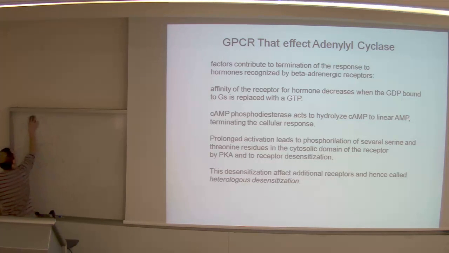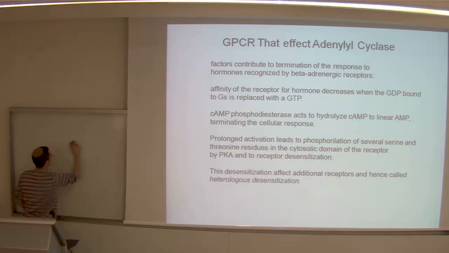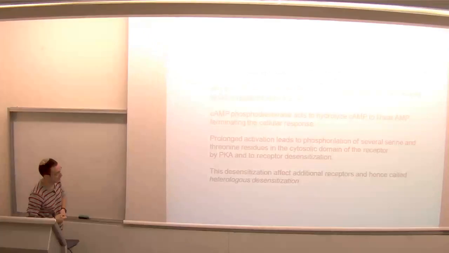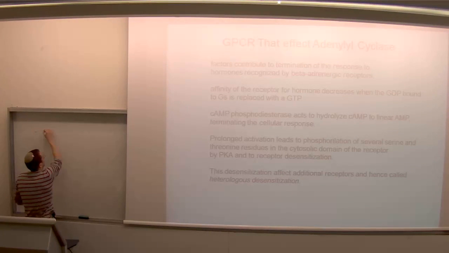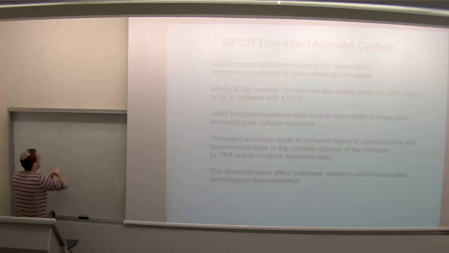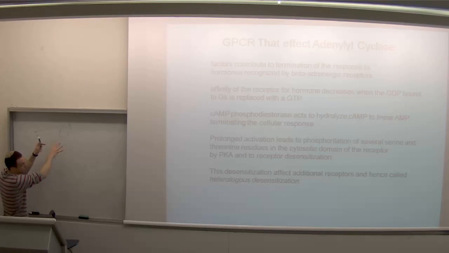Sometimes we have phosphorylation on the same receptor that has received the signal, and sometimes phosphorylation of more than just that receptor, on other receptors as well. So first of all, this is the plasma membrane. Here's the receptor that received the hormone, the beta-adrenergic receptor. Here's the hormone.